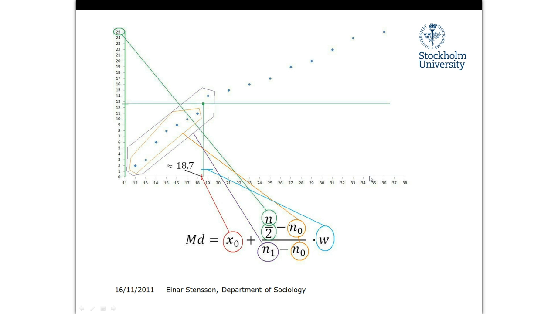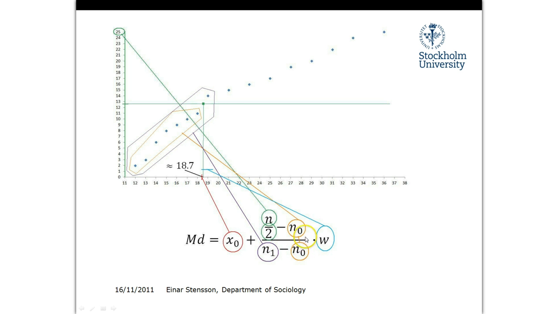Basically, what is happening here? Well, first we find which observation is our median. We move over here, and we get an idea of which class it belongs to. Okay, so we know around which class it belongs to, so we calculate the lower class limit for that class, and we add how far this observation is into the class that we're interested in.